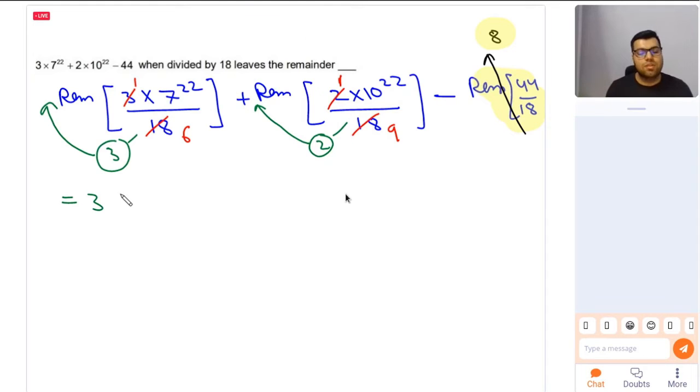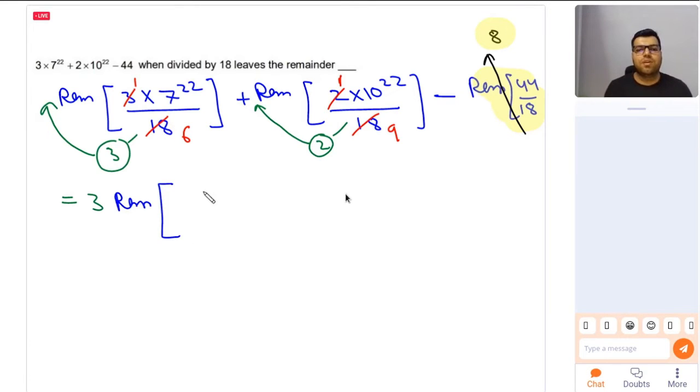So remember, students, don't forget, if you are cancelling dividend and divisor, then the number by which you are cancelling dividend and divisor should be on the left of the REM function. If you do not do it, then the answer will definitely be wrong. Okay.